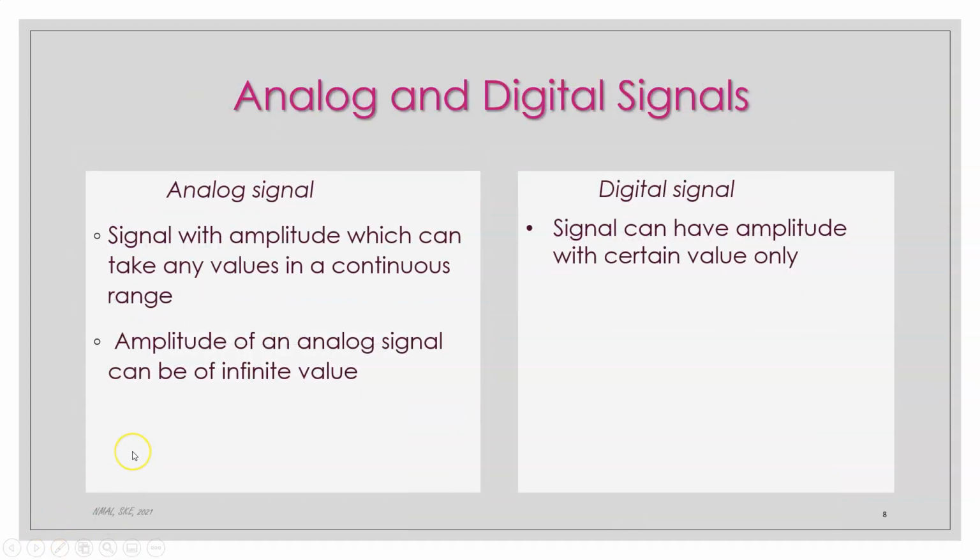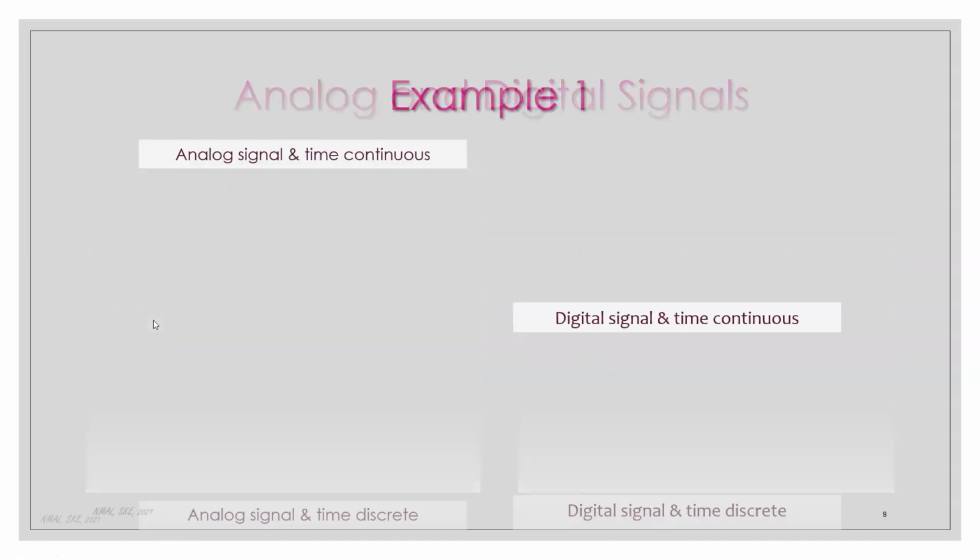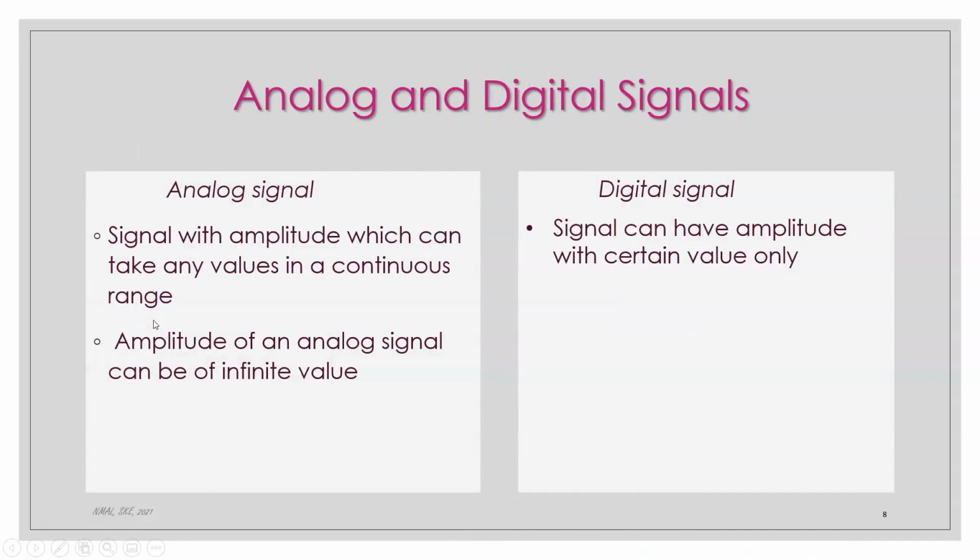The next one is analog signal. A signal with amplitude which can take any values in a continuous range is what we call an analog signal. The amplitude of an analog signal can be of infinite value.